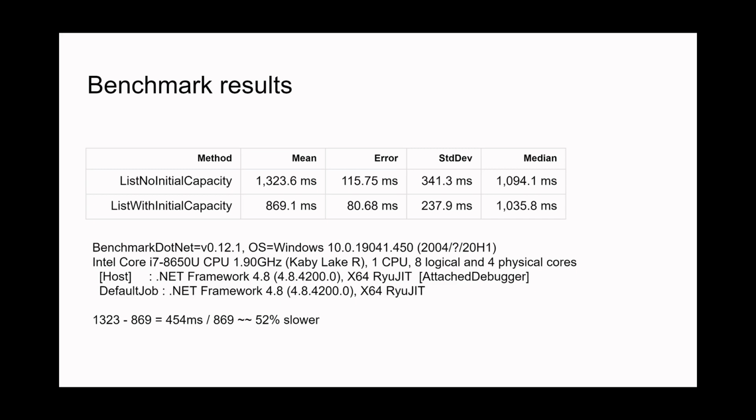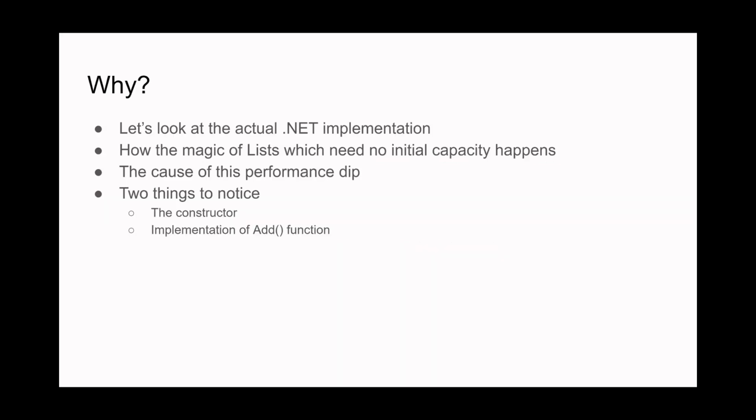Okay, so now we have the benchmark. Now let's try to figure out why this is happening. How are we going to figure it out? We are going to do what we do best: look at some more code, and this time we are going to look at the actual .NET implementation for lists. What is this magic that makes us not provide the initial capacity that was needed in arrays?